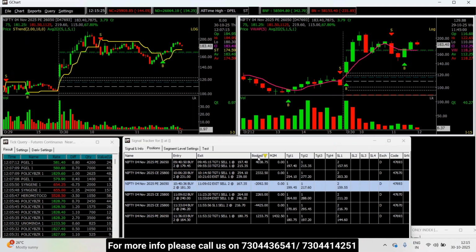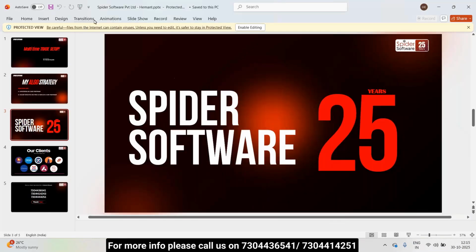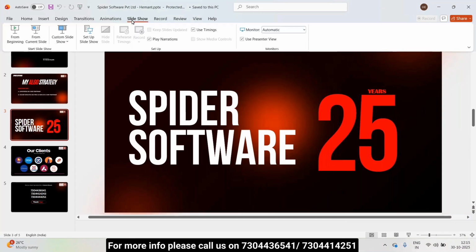Overall, combining VWAP and Supertrend signals with our AI-based algo systems gives you a complete trading edge, from accurate entry to exit to efficient risk management. And now, I hope you all got a clear idea how this algo works, how this AI works, and how to manage your risks.